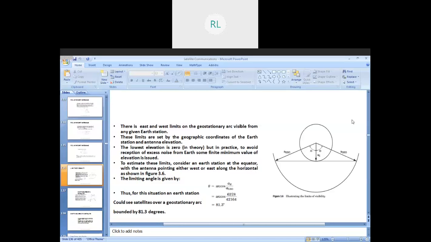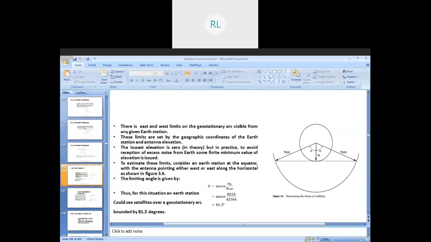These limits are set by the geographic coordinates of the Earth station and antenna elevation. The lowest elevation is 0 in theory, but in practice, to avoid reception of excess noise from Earth, some finite minimum value of elevation is used.